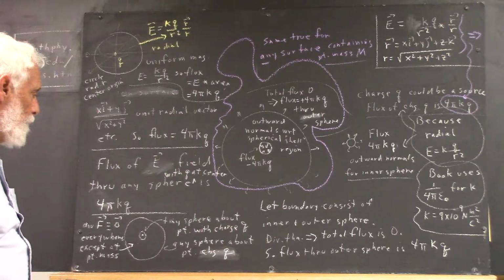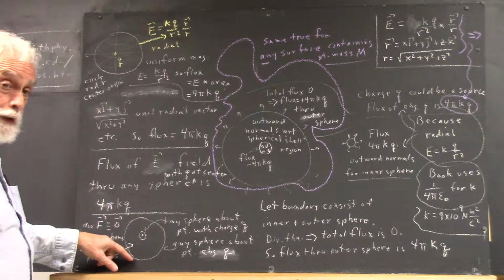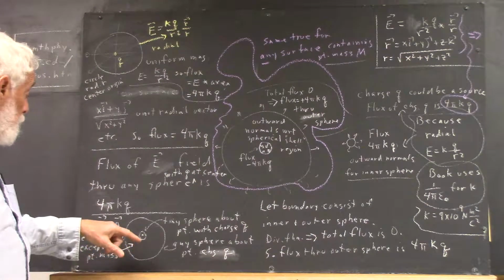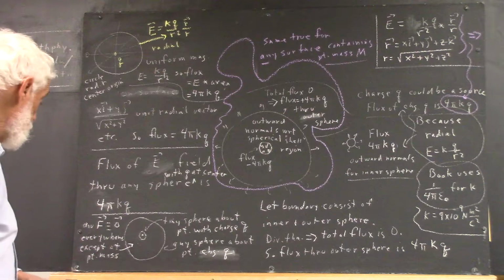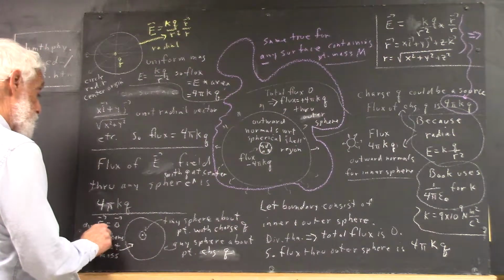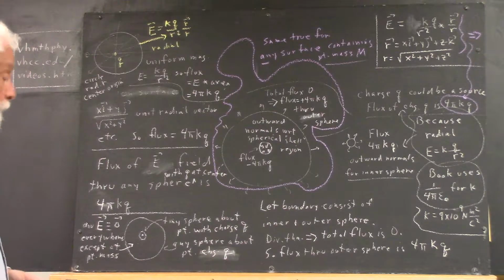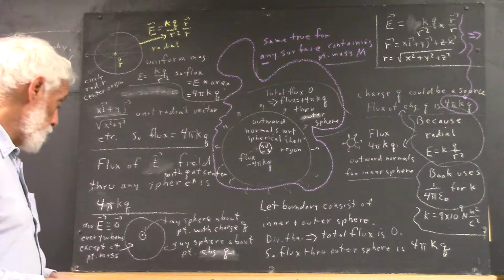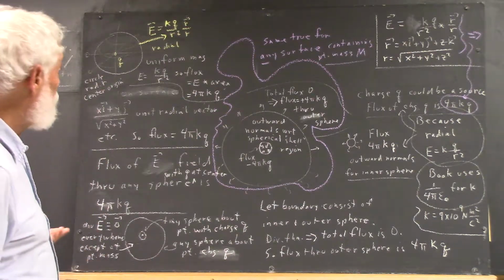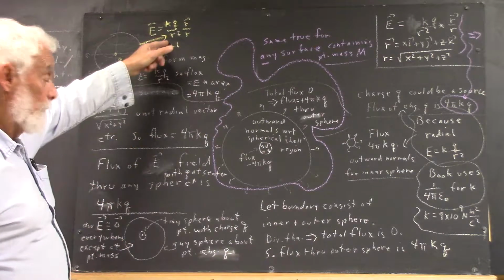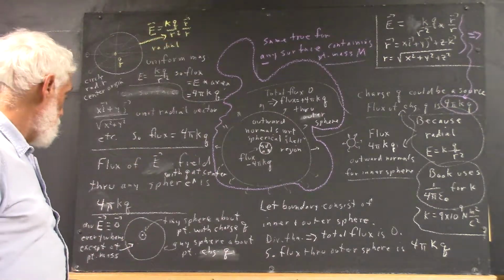Everywhere between these two spheres, the divergence of this electric field is 0. And that's very easily proven. We've proven that for this type of function. Very easy to prove.